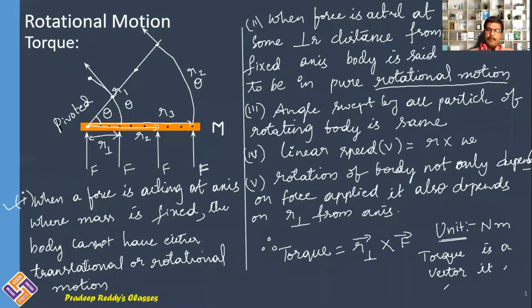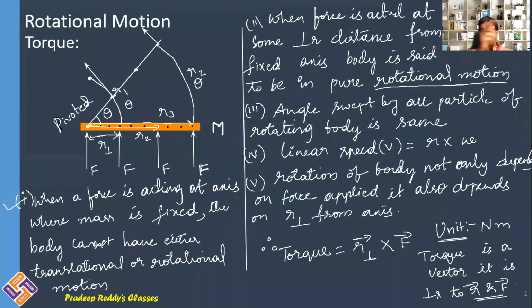It is perpendicular to R bar and F bar. The torque acting on this rotating body is perpendicular to the perpendicular distance as well as F. As we have seen in the cross product, when two vectors are multiplied by cross product, the resultant vector is perpendicular to both vectors.